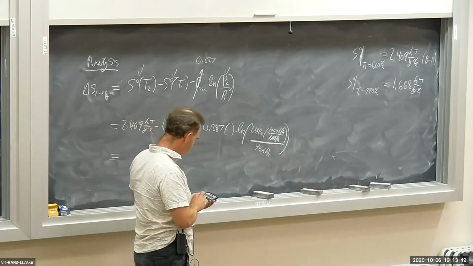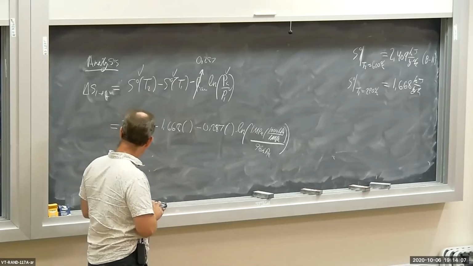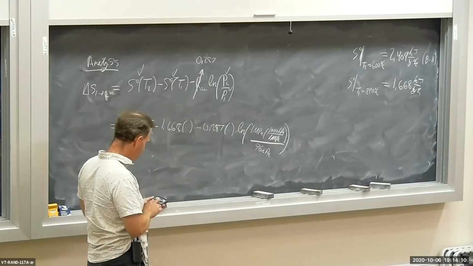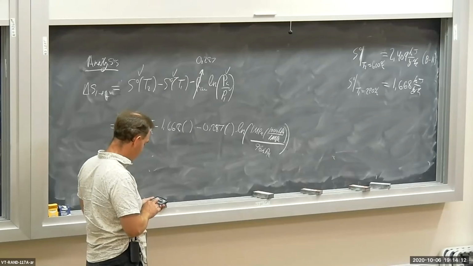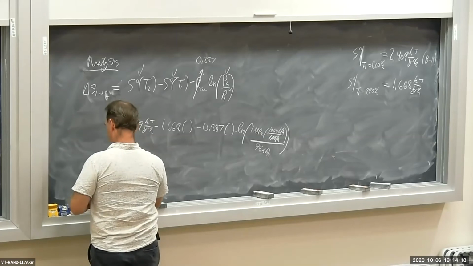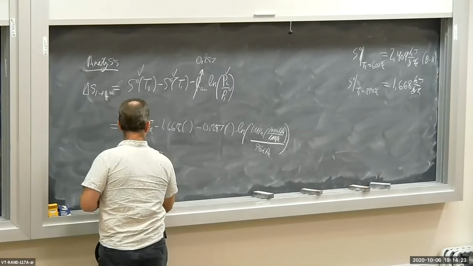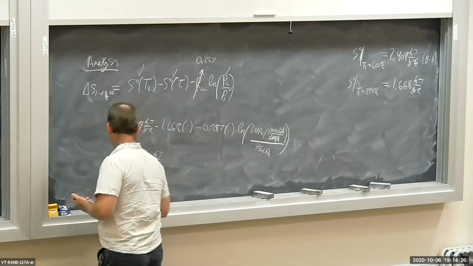Natural log of 10,000 divided by 96, multiplied by 0.287, and I'm going to subtract that off from 2.409 minus 1.668, and I get 0.068 kilojoules per kilogram degree Kelvin.